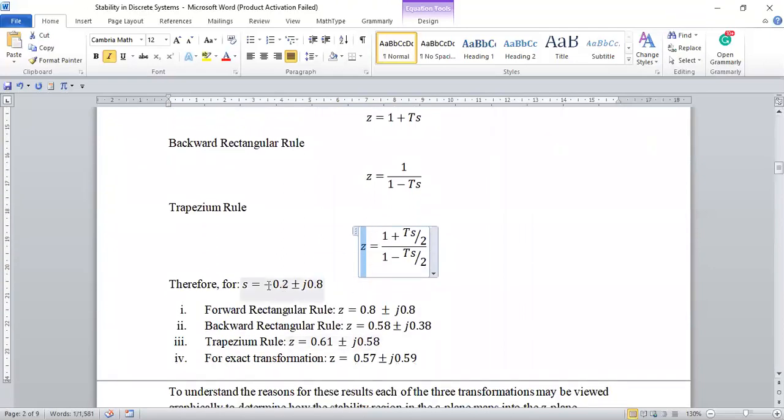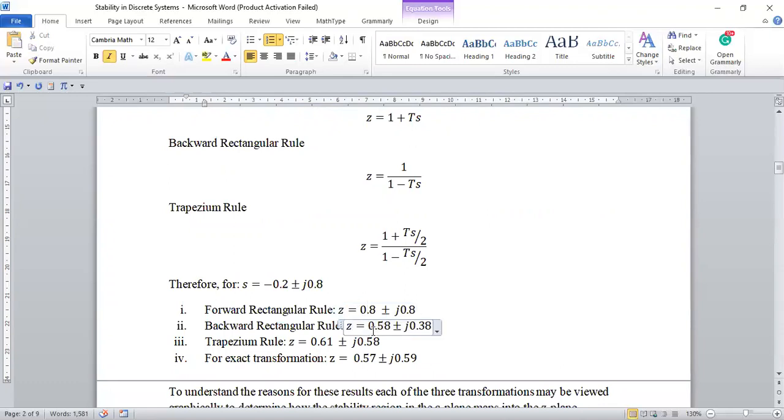Then we had an example in which in the continuous time domain, or in the S plane, the poles of the system we got were minus 0.2 plus or minus j0.8. And when we tried to convert into the Z plane using the forward rectangular rule, if you can remember, this is what we got.